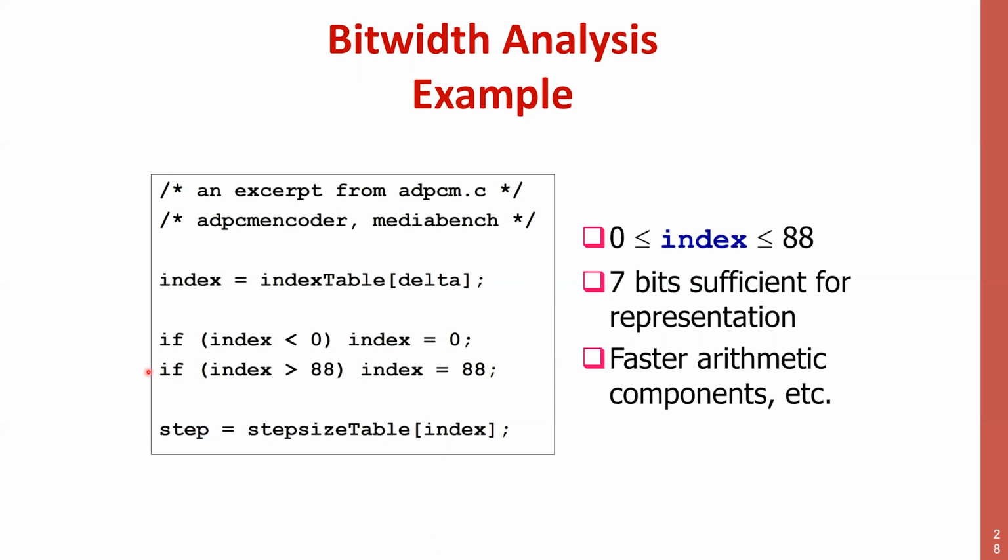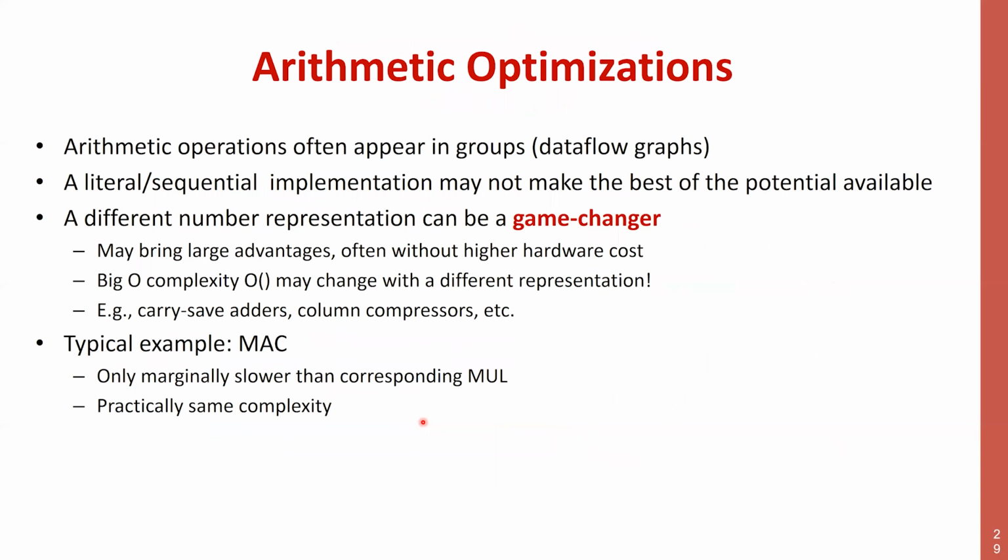In here I figure out, because there is a piece of code, I can do it automatically, and this piece of code clearly restricts the range of the index to something that is smaller than 128 and has only 7 bits. Now, if I have 7 bits and I'm doing hardware and not software, if I have to multiply these 7 bits by something, I can put a 7-bit multiplier instead of a 32-bit one, and it will be much cheaper because it will be much smaller and it will be much faster, right? So this is another advantage that I get in hardware and I don't get in software.